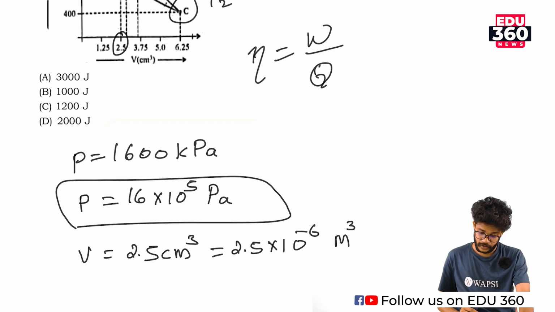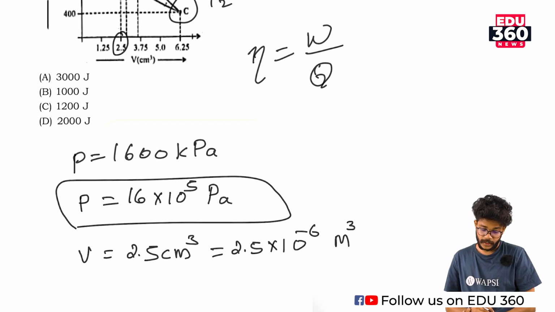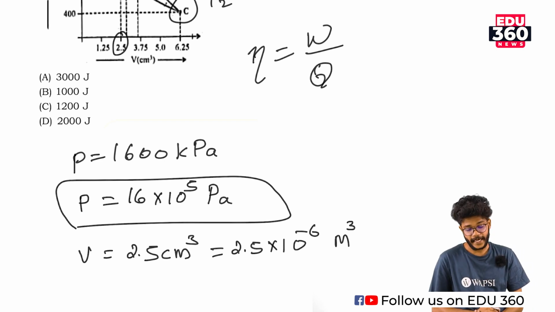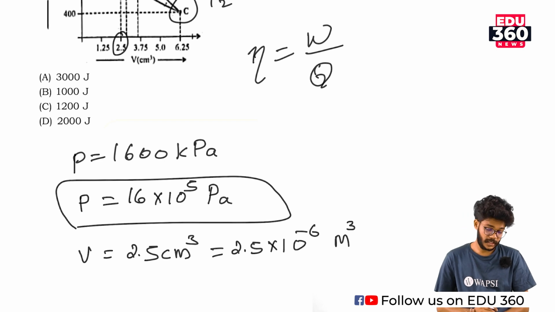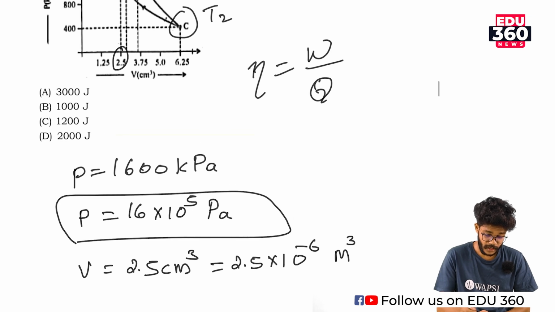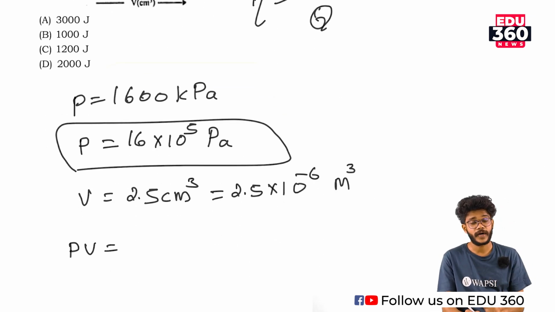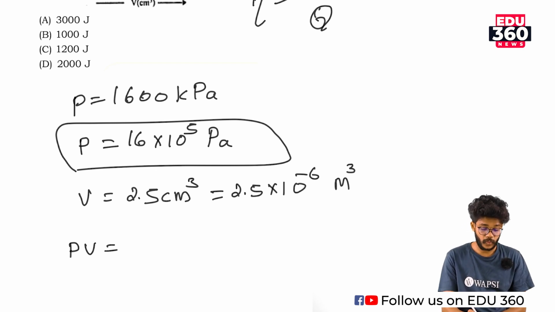10 raised to 5 into 10 raised to minus 6 is 10 raised to minus 1, and 2.5 into 16 is 32 plus 8, which is 40. So just multiply this PV. PV is equal to nRT, and n is 1 mole because inside the question n is given as 1.